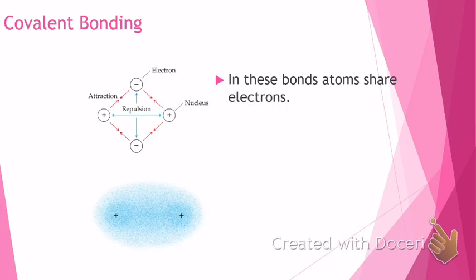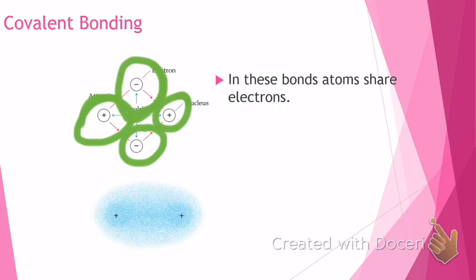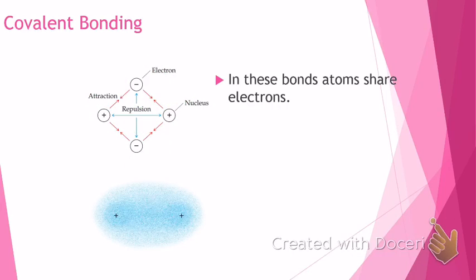So what this is trying to state is that we have an attraction between the nucleus of one atom and the electrons of the neighboring atom, and likewise on this side. However, at the same time, there are also repulsions. If you get too close together, the two positive nuclei are going to be repelled by each other because they're both positively charged, and the same thing happens with the electrons.